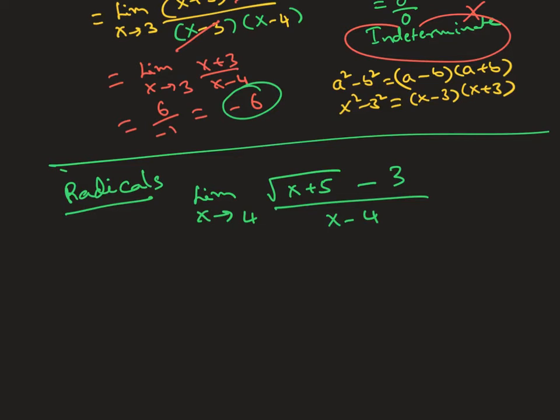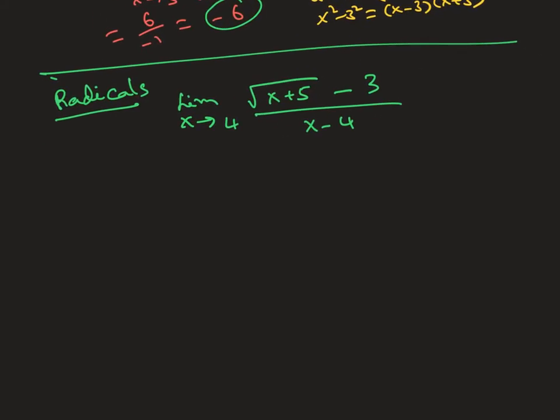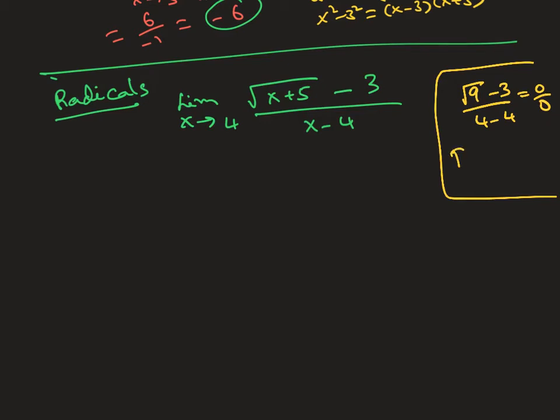Again, you always follow the first step, which is substituting numbers in. You get square root of 9 minus 3 over 4 minus 4. That's 0 over 0, indeterminate. So I have to follow one of the methods that I wrote.